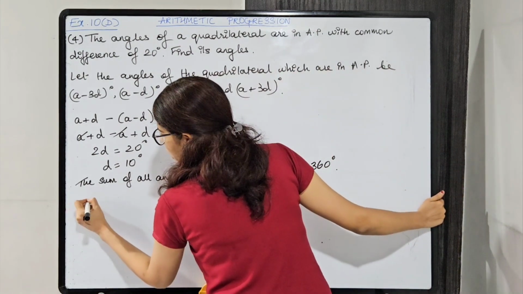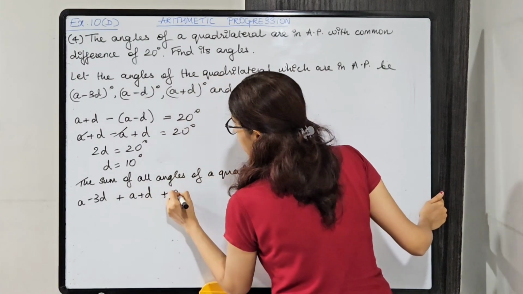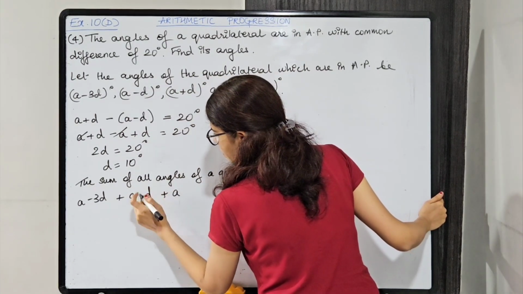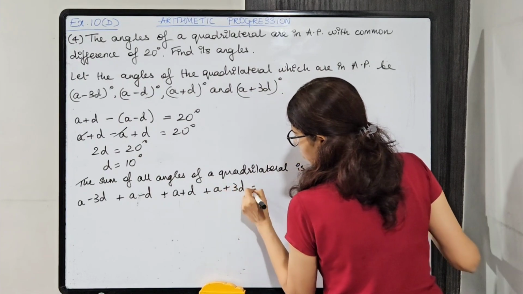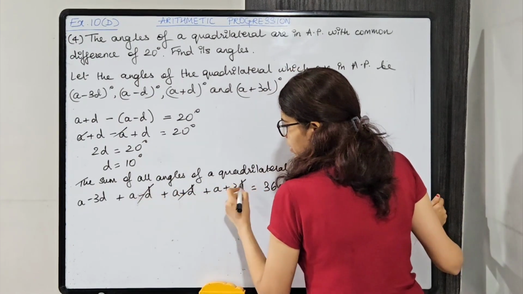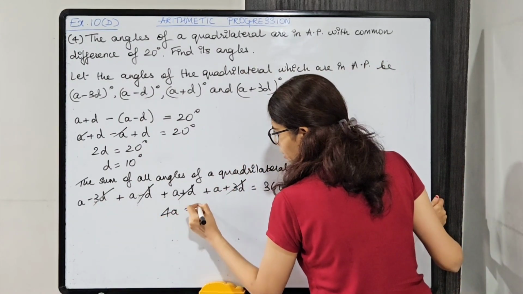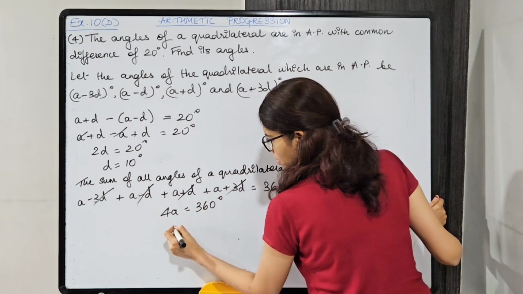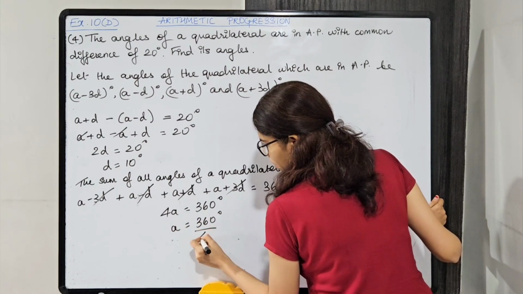So A minus 3D plus A plus D plus A minus D plus A plus D plus A plus 3D is 360 degrees. Minus D plus D, 3D minus 3D cancel हो गया. So 4A is 360 degrees. So A मिल रहा है 90, correct.